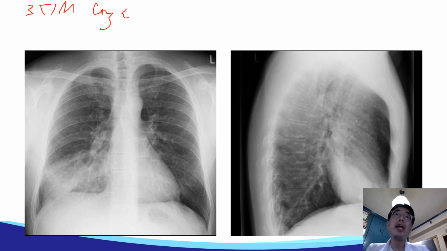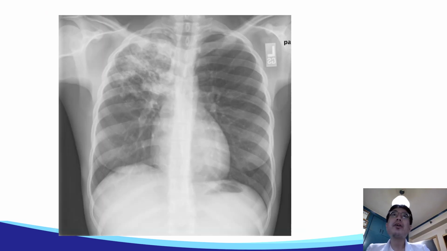More visible in the PA view, there is increased opacity in the right middle lobe, which we call consolidation. Endobronchial air is also visible against this background of increased opacity, and these radiolucent or dark tracks here are what we call air bronchograms. The presence of consolidation with air bronchograms in the right middle lobe is compatible with a diagnosis of pneumonia, specifically pneumonia in the right middle lobe.